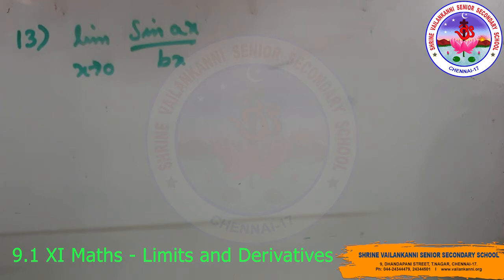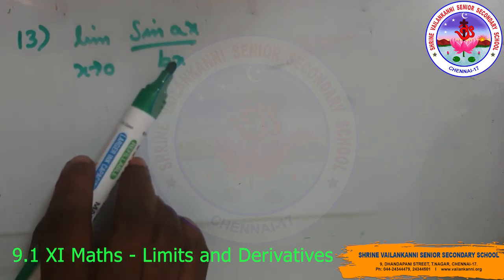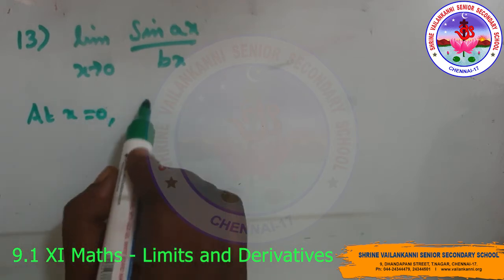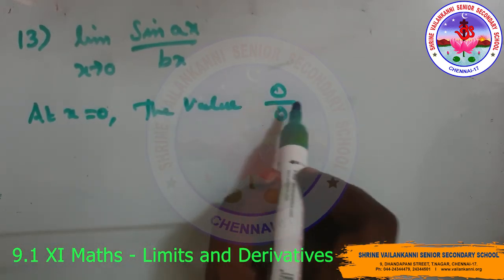Exercise 13.1, 13th question. Evaluate the given limit. Limit x tends to 0 sin ax by bx. So putting x equal to 0, we get 0 by 0. At x equal to 0, the value is of the form 0 by 0.